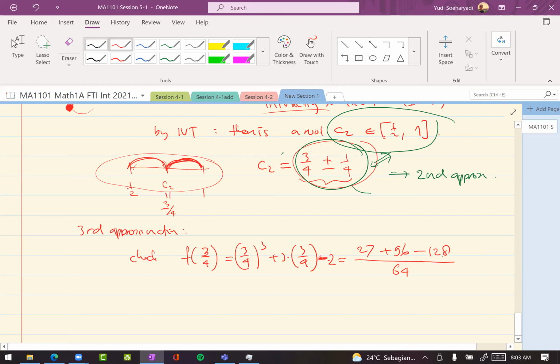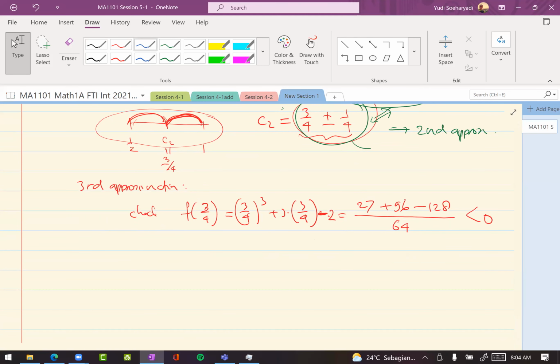The question is not computing this exactly, but the sign, positive or negative. No, you still have negative, because 27 plus 96 is 123, so that's negative.